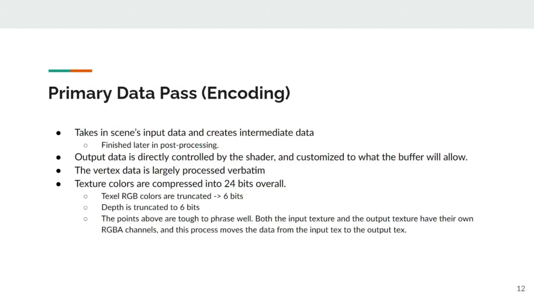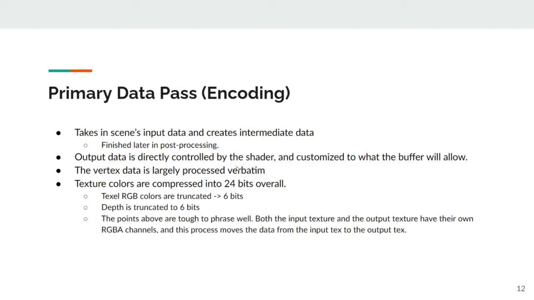So starting it off, the primary data pass, which is also what I call the encoding pass, takes in all of the scene's input data and tries to create an intermediate format that organizes everything for the final run through. So this is phase 1 of 2, if you will. The shader is directly written with the buffer in mind.